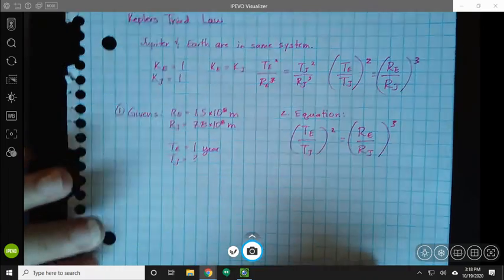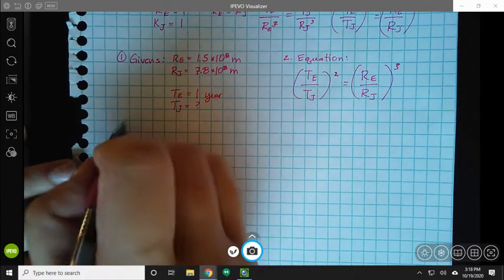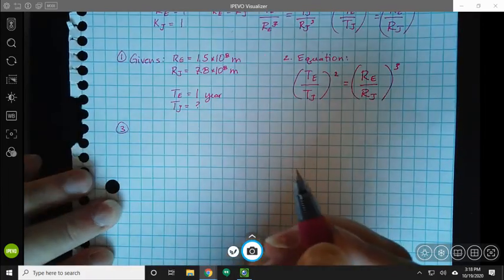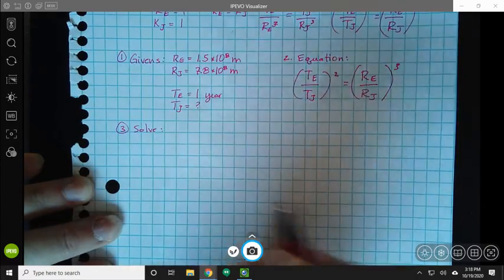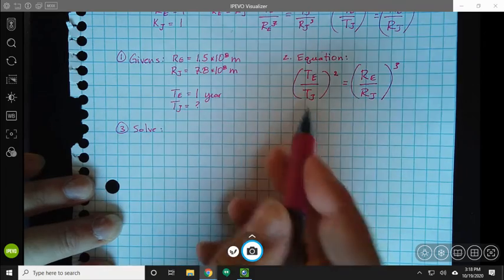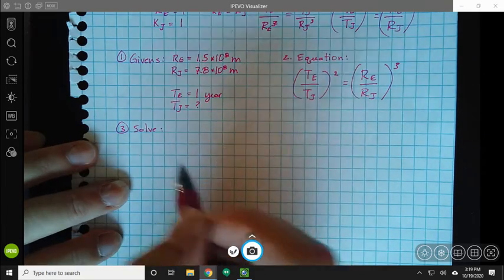Okay. So then we'll start going through the steps to solve this. So here we go with the solve. The first thing I'll do is put information into the equation. So I'll plug in.